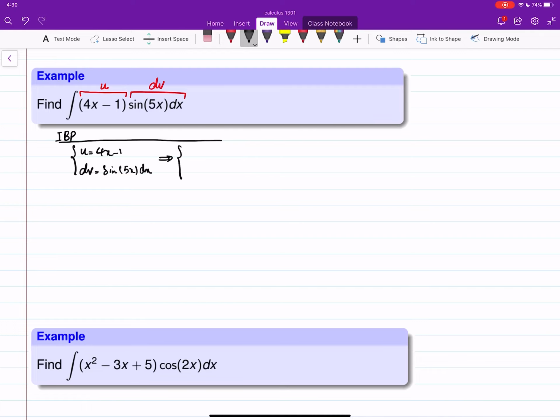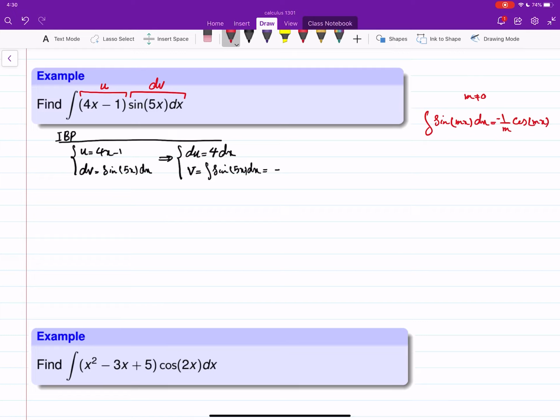From there I need to find du, which is going to be derivative of 4x minus 1, which is only 4 times dx, and then I need to find what is v, which is integral of sine of 5x dx, which will give me, well, you need to do u substitution here, but in general it's good to know that the integral of sine of mx dx, if m is not 0, is negative 1 over m cosine of mx.